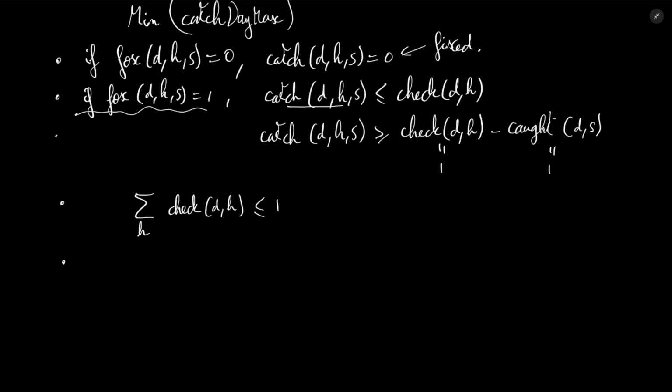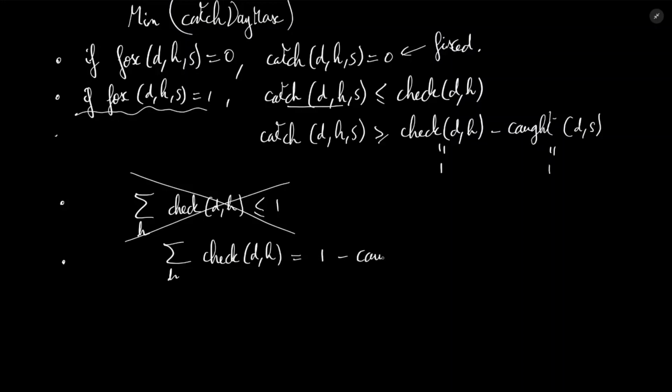So this equation, we can actually delete it and replace it by a much more interesting equation, which is that the sum over all the holes of check DH is equal to 1 minus caught all scenarios for that specific day.